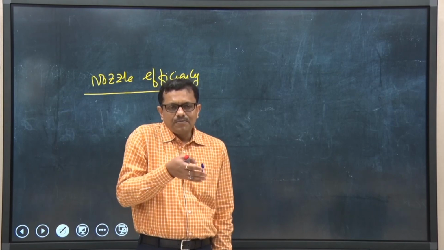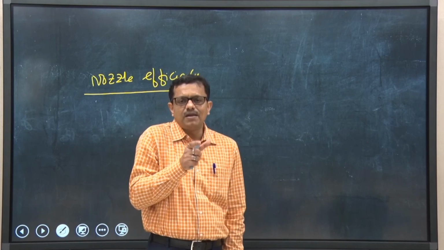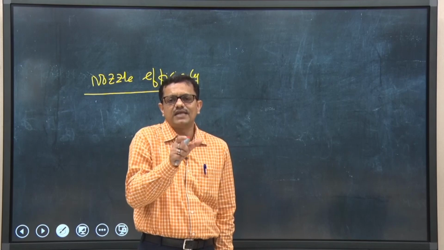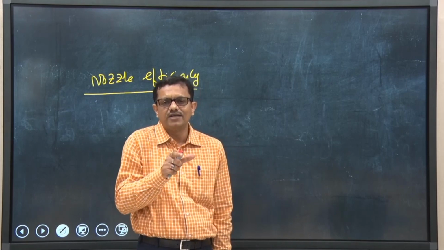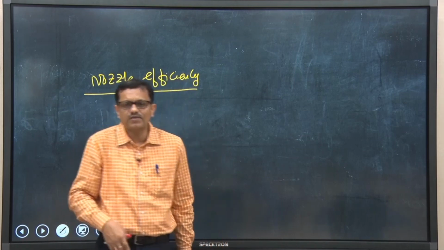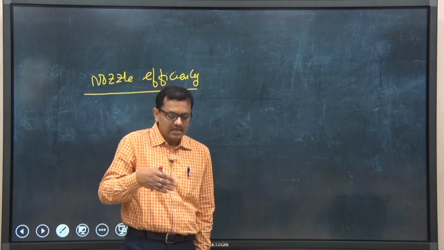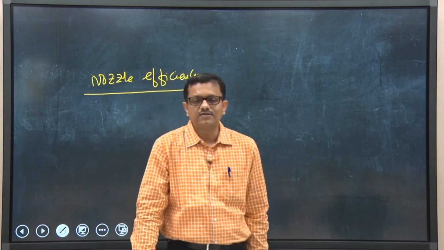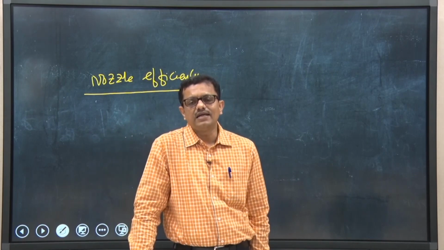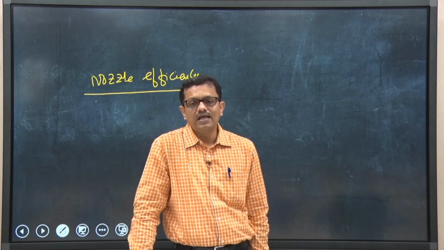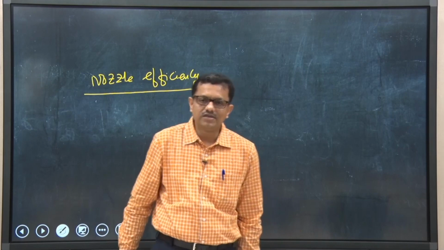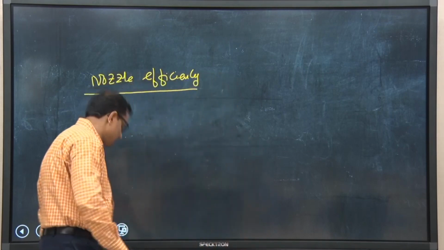Suppose this is the enthalpy drop, and at the cost of that reduction, the change in kinetic energy we can get from the steady flow energy equation. But accounting for the essential effect, that is fluid friction, the actual gain in kinetic energy will always be less than the ideal gain in kinetic energy, and that is how the nozzle efficiency comes into the picture.